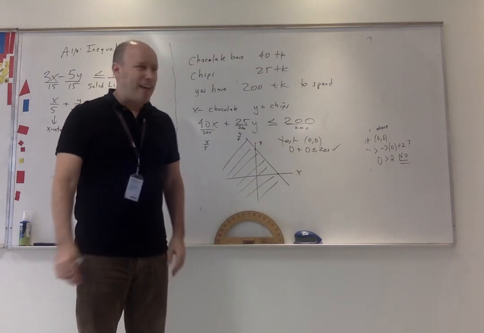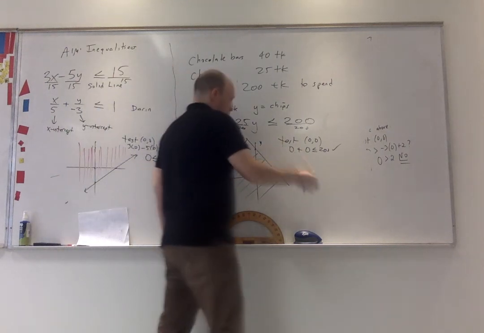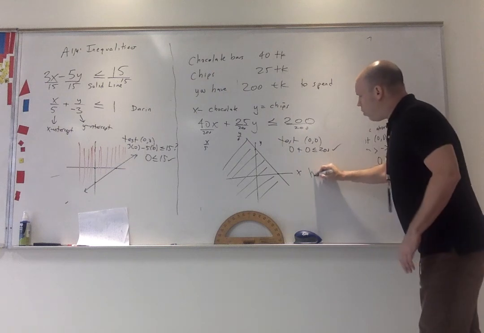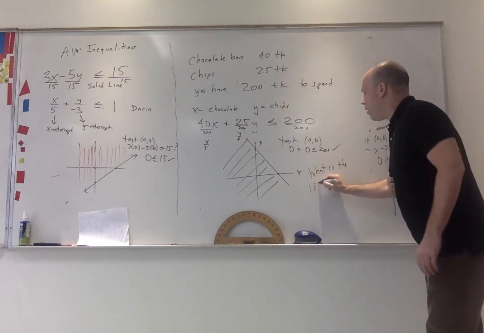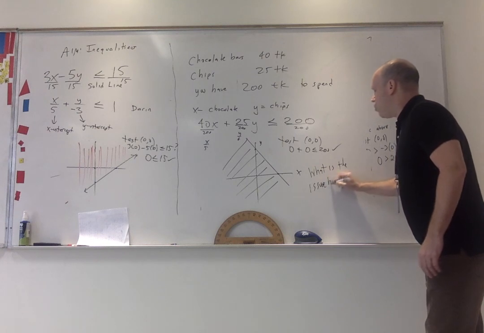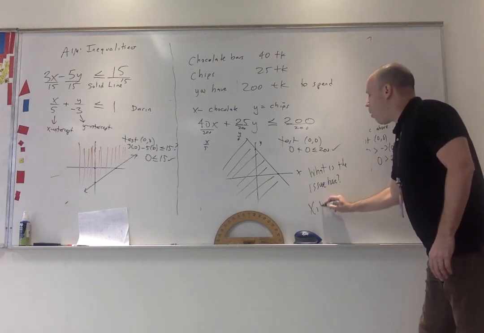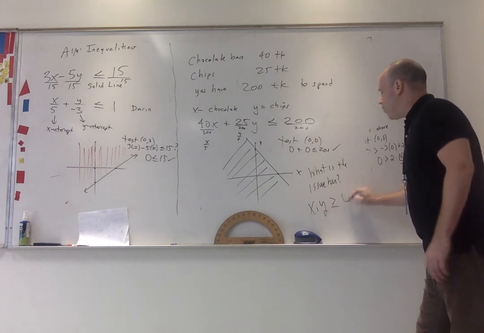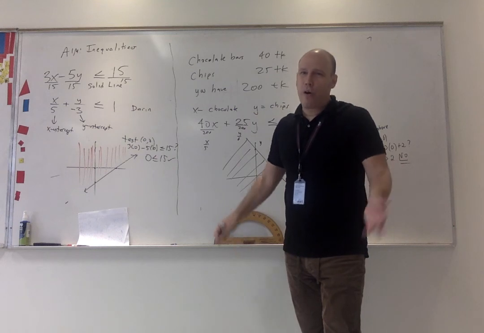Yes, exactly. If you think about it, what is the issue here? X and Y have to be greater than or equal to 0. I can't have negative 3 chocolate bars.